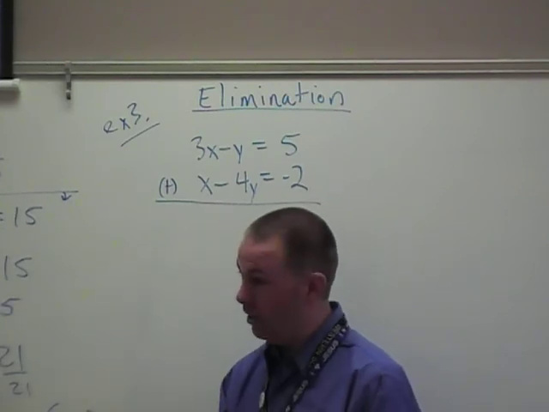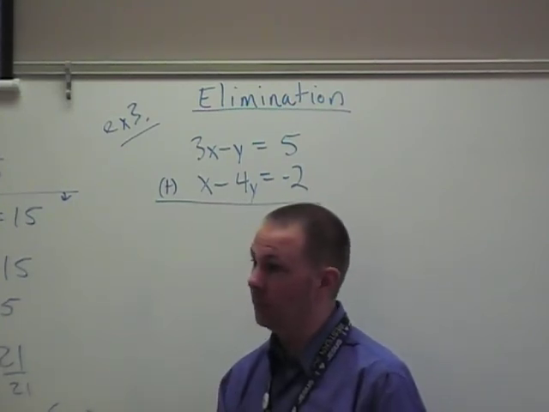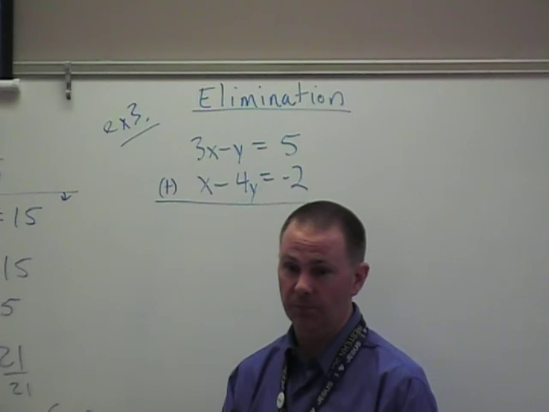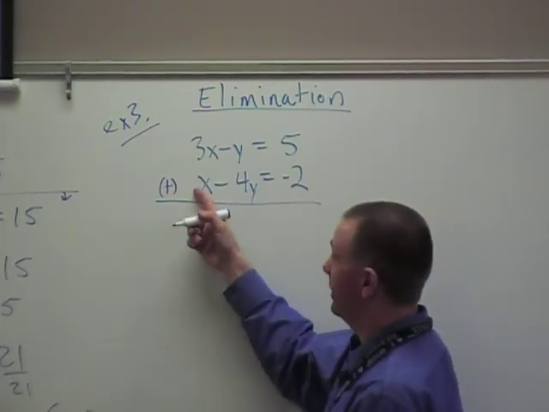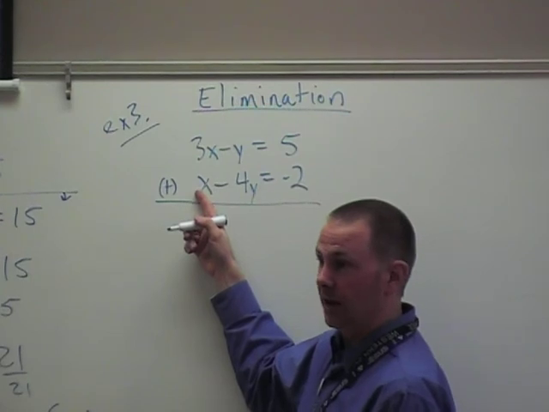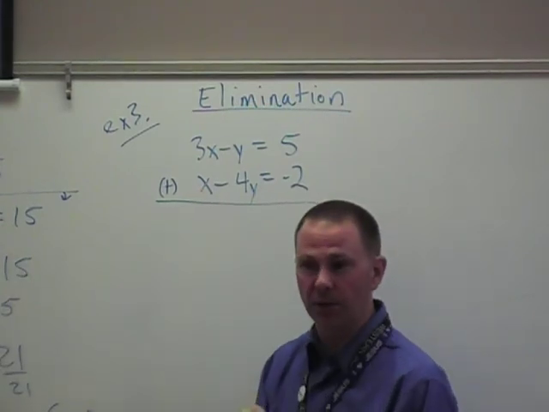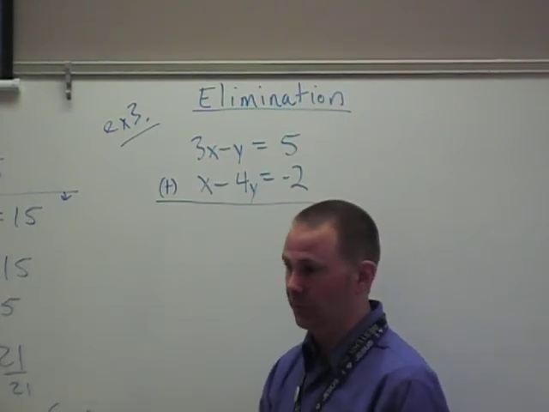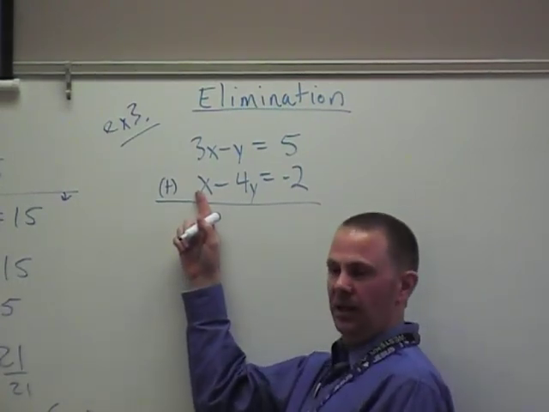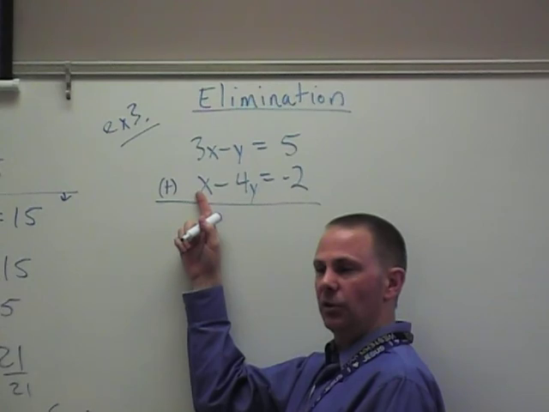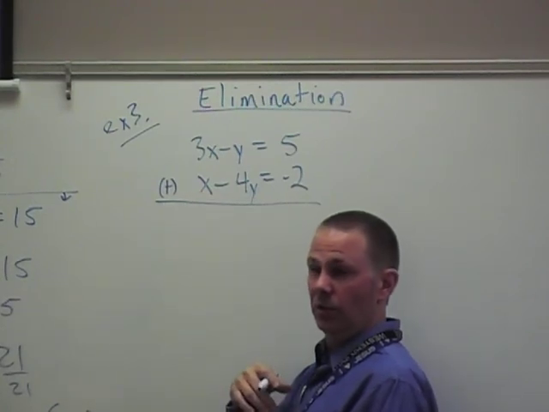Okay, so now you get the freedom of changing these equations. Let's do what I said I want to do. I want to make this a negative 3x. I just can't make that a negative 3x without following our math rules that we've learned this year. If I multiply this by -3, what do I have to do to make it so that's okay to do?